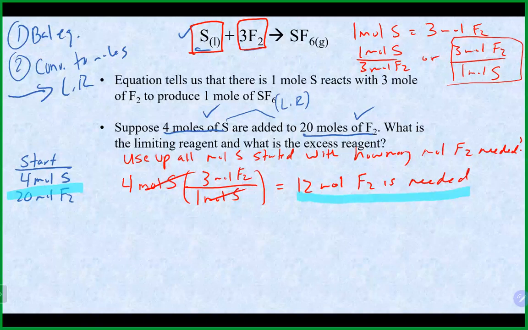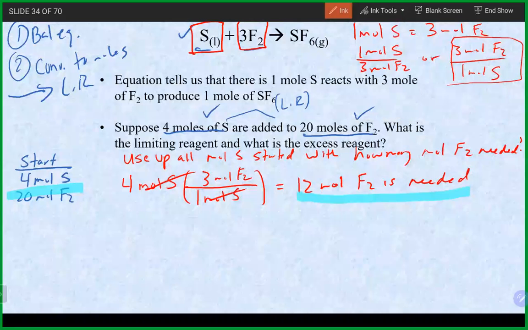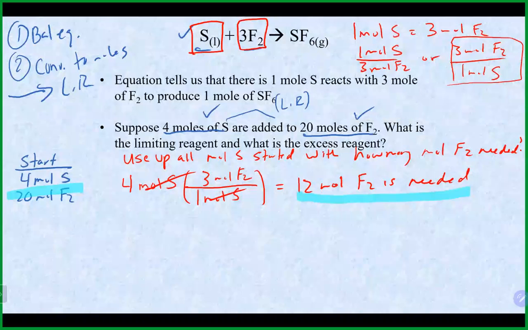I do. I said that backwards. I have 20, and I only need 12 to use. So because I do have enough, the F2 here would be my excess reagent. And by default, the nice thing about it is the sulfur would be my limiting reagent.